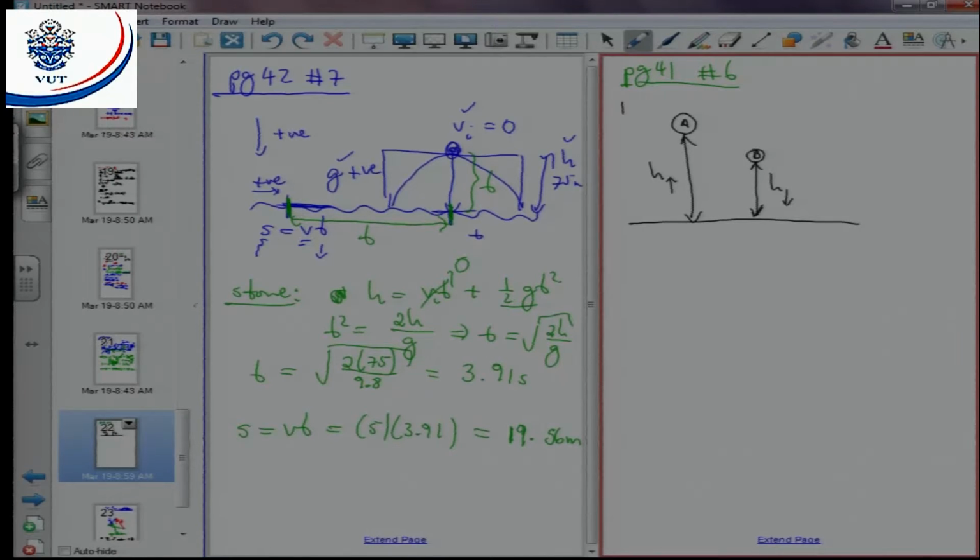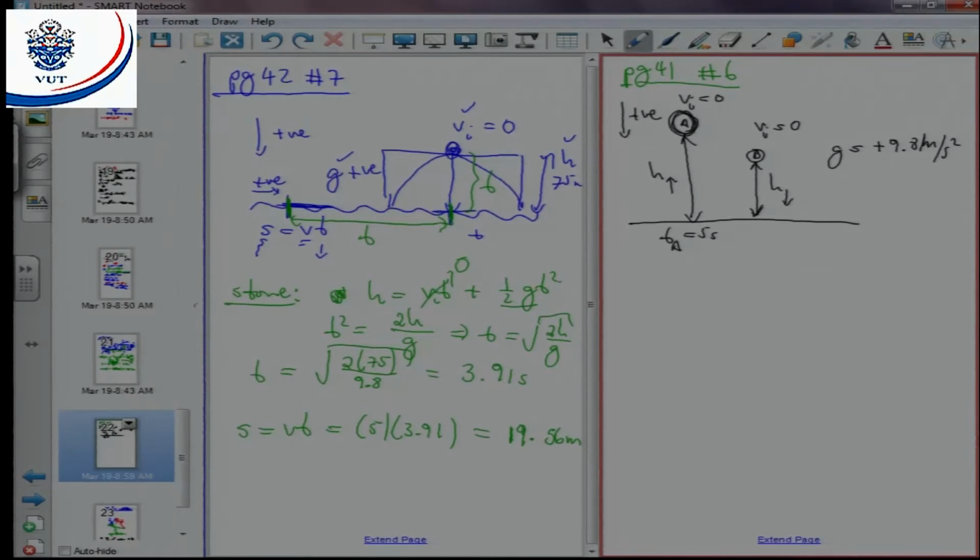We will choose down as positive, which is the direction of motion. That means our g is positive 9.8 meters per second squared. These are dropped, so Vi for A is 0 and Vi for B is 0. It takes 5 seconds for the first ball, the one at the higher height, so tA is 5 seconds.